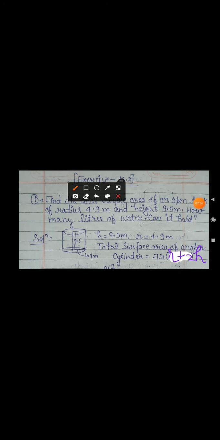Okay, so you have to write here r plus 2h, and then put the value of h and r here, and put the value of pi also, and then calculate the total surface area of that cylinder.